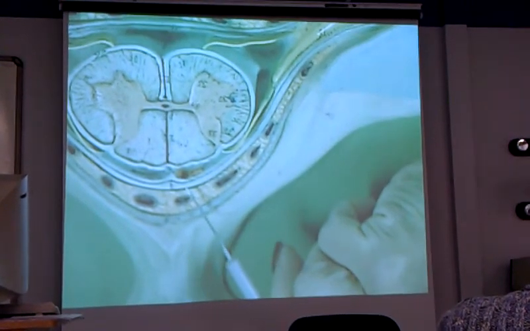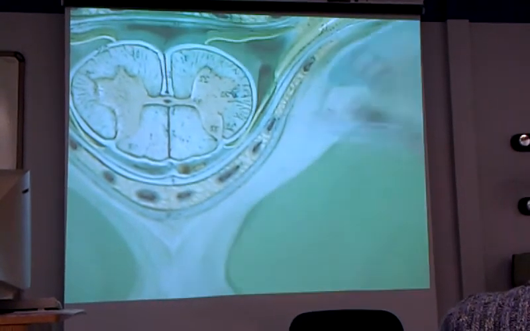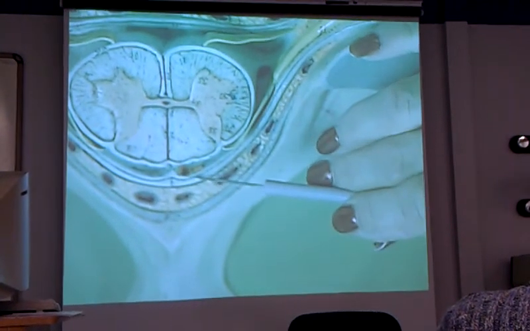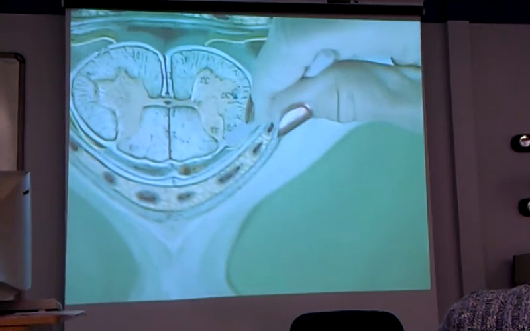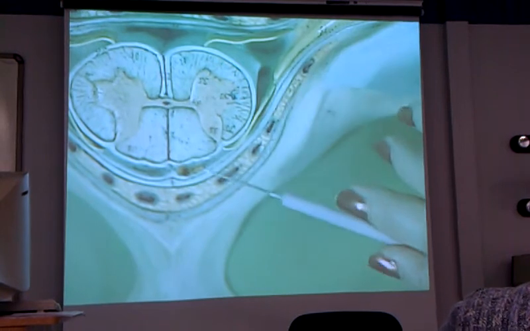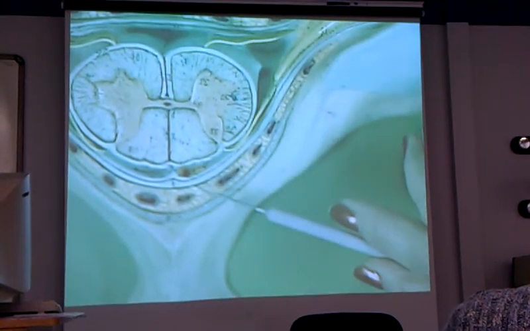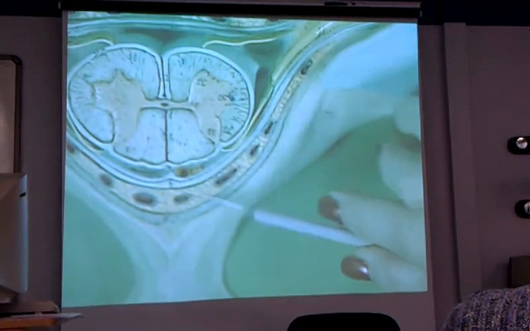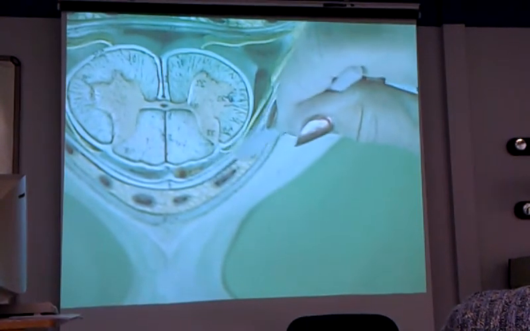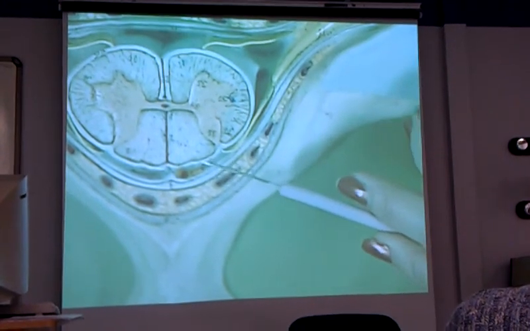The outer one that I'm pointing to here is the dura mater, and then you see a little depression or groove. The inside one is the arachnoid mater, and then the one that touches the spinal cord is the pia mater. So they go in order: dura mater outside, arachnoid mater on the inner side, and then the innermost one is the pia mater.